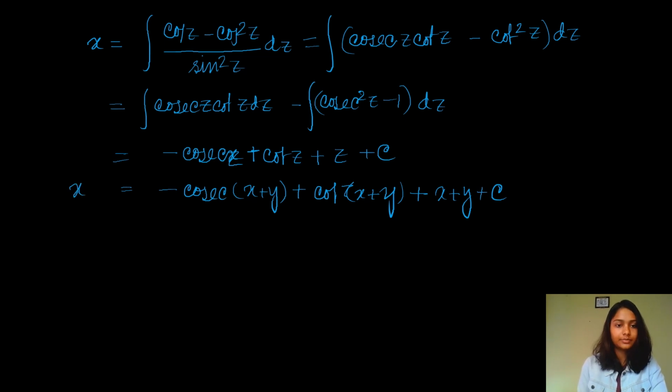So x and x will get cancelled out, and we have y plus c equals to cosec (x plus y) plus cot (x plus y).